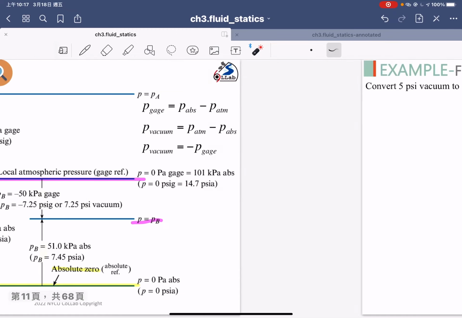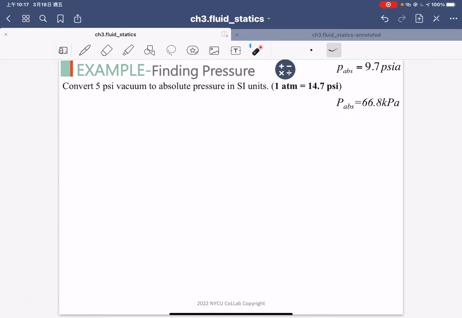Okay, so we have a very quick exercise. As the example shown here, please convert 5 PSI vacuum to absolute pressure in SI units. Okay, so for the SI unit, we need to convert the unit to Newton and cubic meter, right?